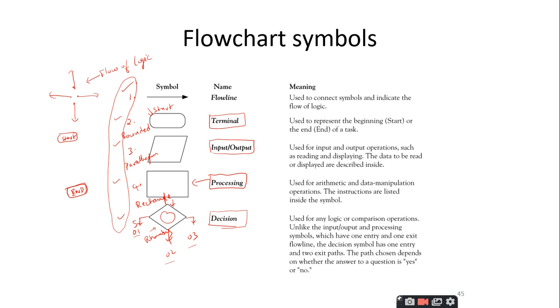And all these flowcharts are aided with a number of symbols. We have seen 9 different symbols, out of which the first 5, that is the flow line, terminal, input and output, processing and decision, are very important to represent the flowcharts. Let us end our discussion with an example.